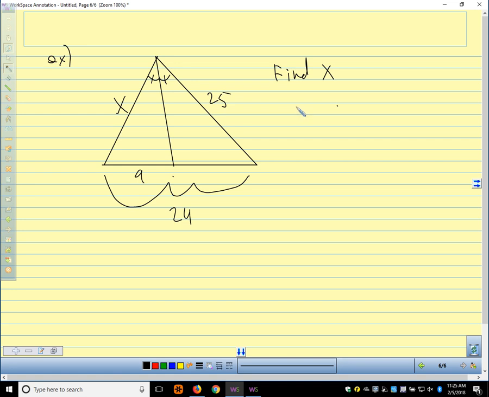So I'm going to set up my ratio 9 over x equals, well, I need to know this length. How do I figure out that length? 24 minus 9. Yeah. Equals 15. So I get 15 over 25.